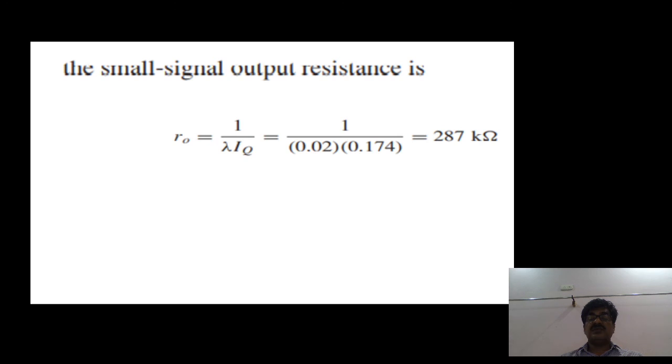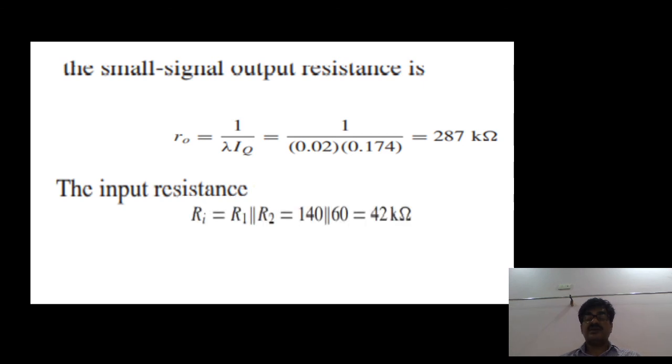Now the small signal output resistance is r0 equal to 1 by lambda IDQ, that is channel length modulation value into IDQ, so its value is 287 kilo ohms.